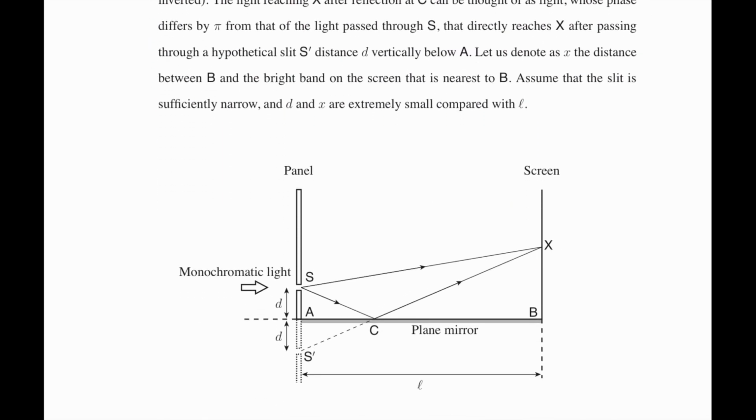The first one is the wave that goes directly from S to X, and the second one is the wave that goes from S, reflects at C, and then goes to X. So basically we have two sources of wave: the first one directly from S, the second one reflected at point C.